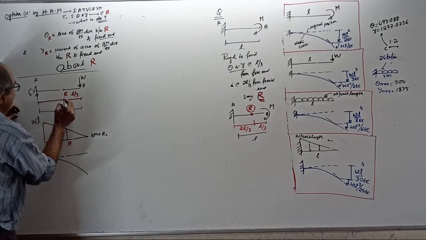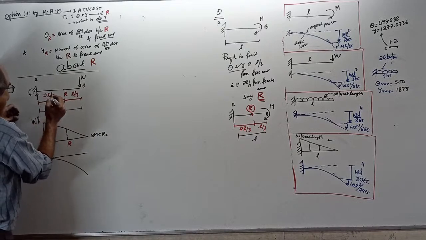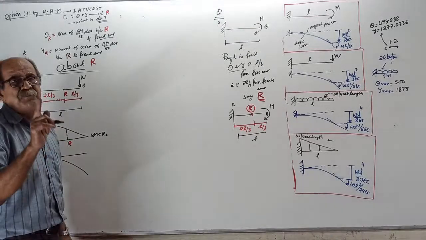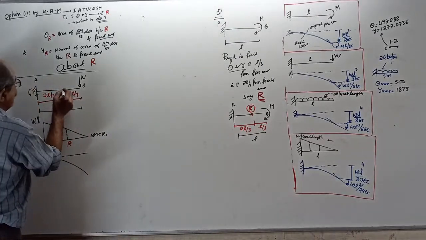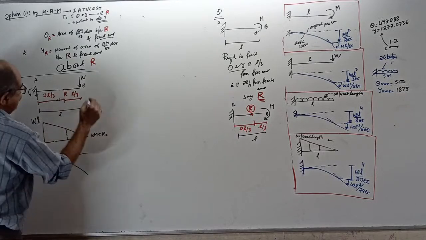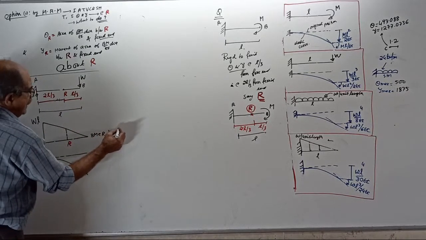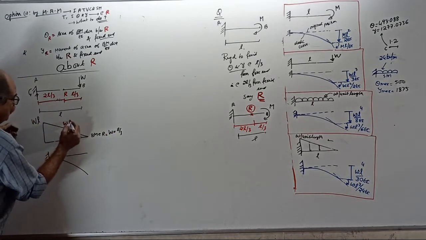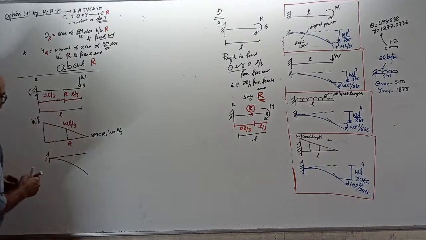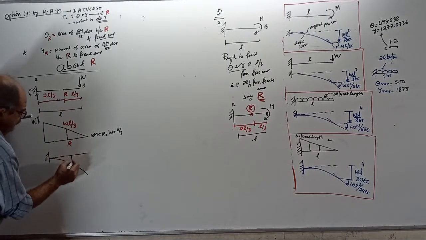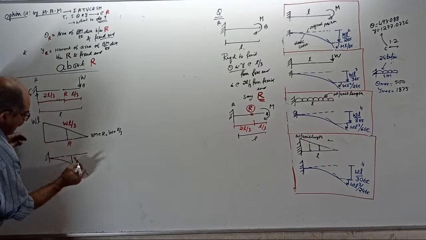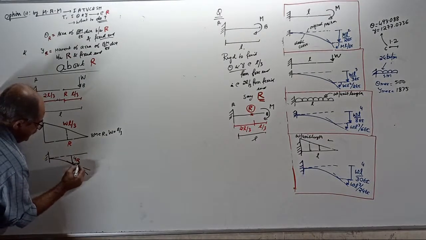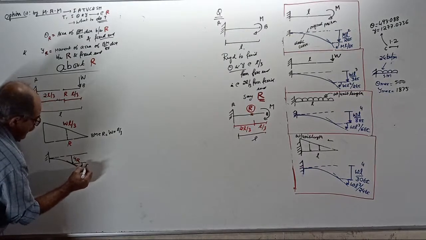If that is L by 3, this is 2L by 3. Now, extra you want bending moment here. It is W into L by 3. So, this ordinate is WL by 3. And then, this is the deflection at R. And if you draw a tangent here, this is the slope at R.